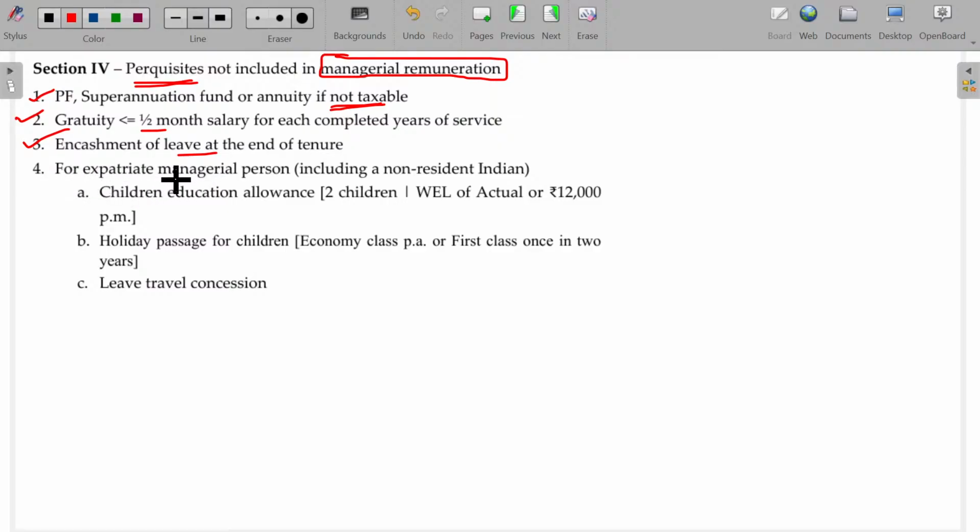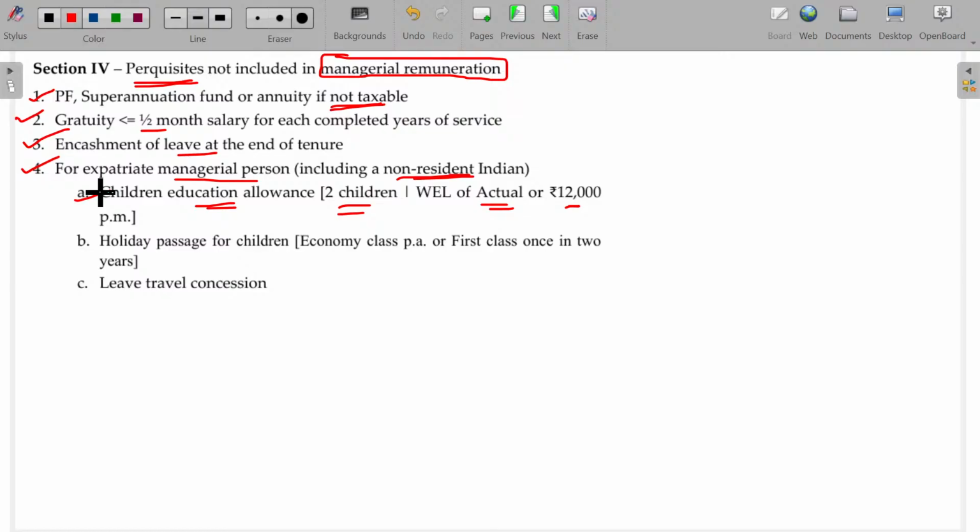And for expatriate managerial personnel, the directors are from a foreign country working in India, including non-resident Indians. Children education allowance will also be excluded, for 2 children, whichever is lower of actual or 12,000 per month. It is not as per the Income Tax Act, it is the Companies Act.